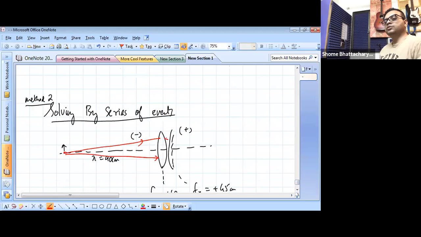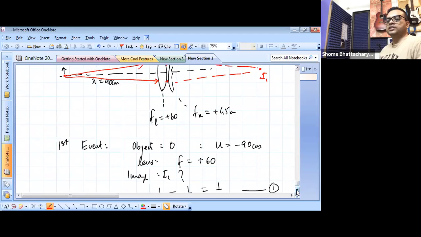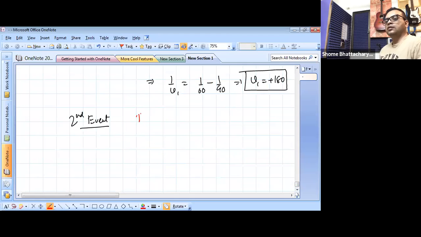These are emerging from here such that had the mirror not been there, they would have given me an image somewhere. So this image is now becoming a virtual object for the mirror. That's your second event. I1 becomes the object, in this case virtual, for the mirror.